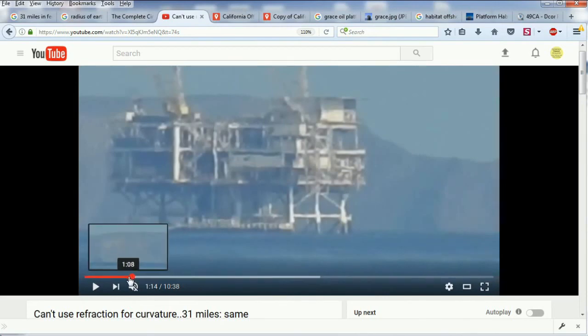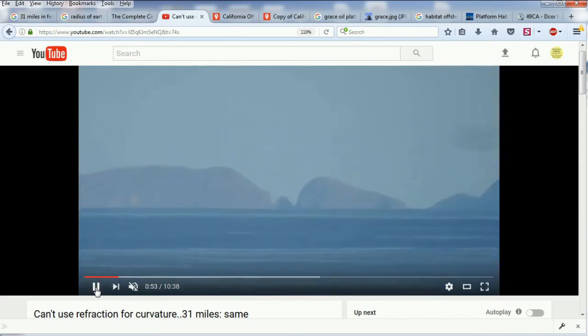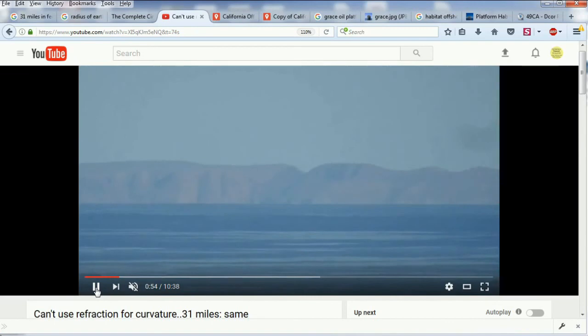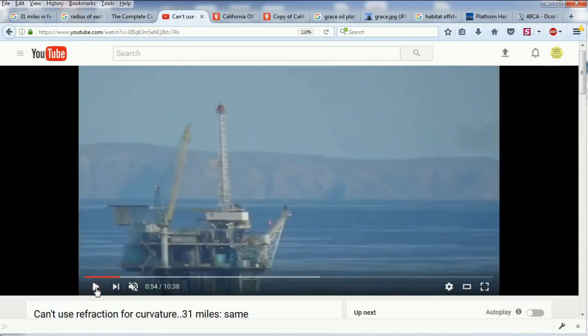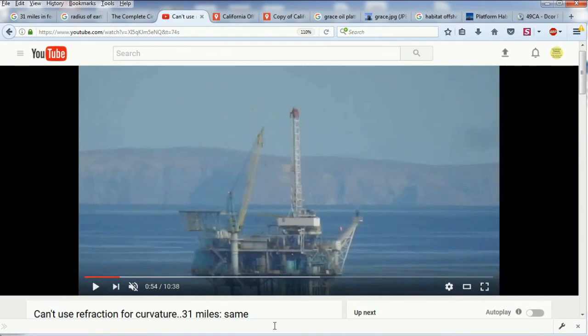And actually, is that closer? There it is. Somewhere in there. There's this platform that is maybe 6 or 7 miles offshore that he catches right here. So, there, that's exactly what I'm talking about.